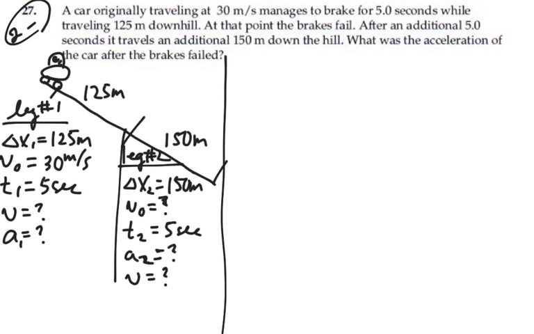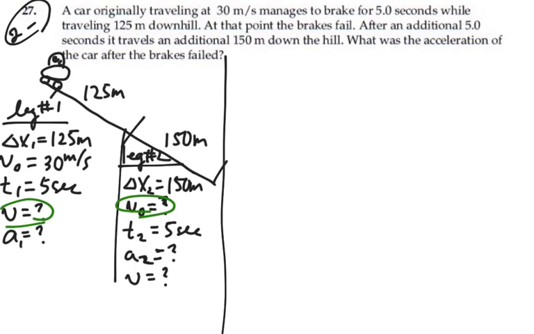One thing we could do is find the final velocity from leg number 1, and that will be the initial velocity for leg number 2, and then we'll have enough information. We'll have 3 kinematic variables in leg 2 to solve for the acceleration. So that's what we want to do. So we want to solve leg number 1 for the final velocity at leg 1, which would be the initial velocity for leg 2.